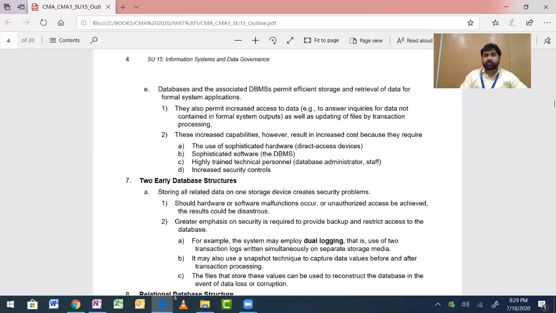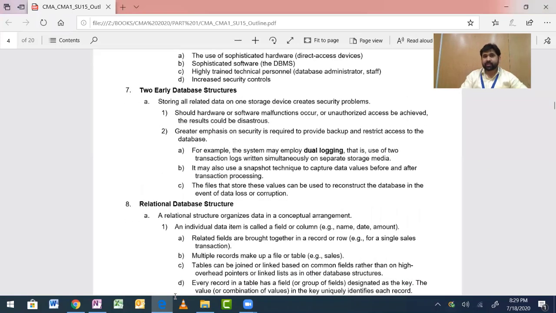Early database structures. So what are these? Storing all related data on one storage device creates security problems. Should hardware or software malfunctions occur or unauthorized access be achieved, the result could be disastrous.